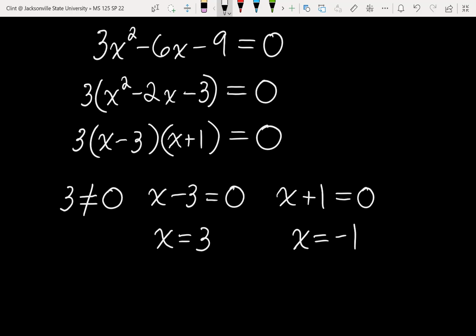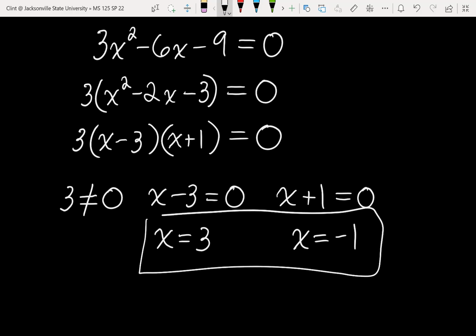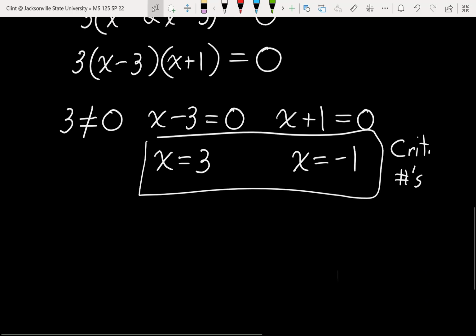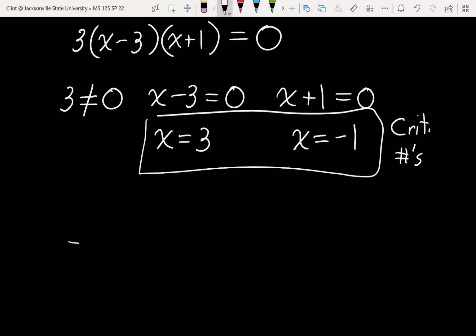This one, our derivative is just a nice smooth polynomial. It's not undefined anywhere, so we don't have to worry about that. So these are critical numbers. We can use those to divide our number line up.